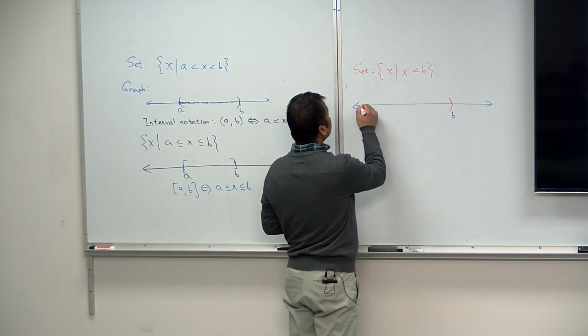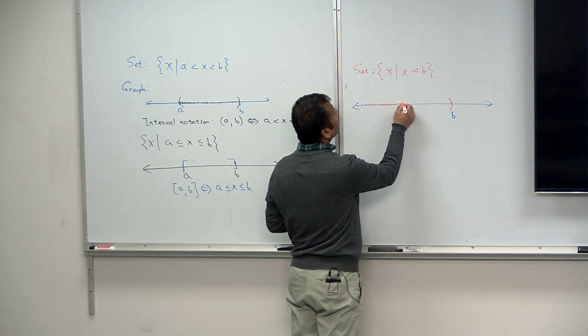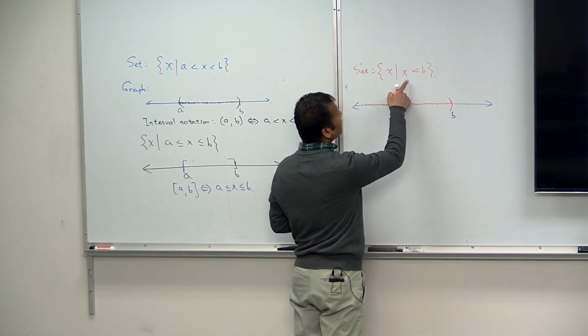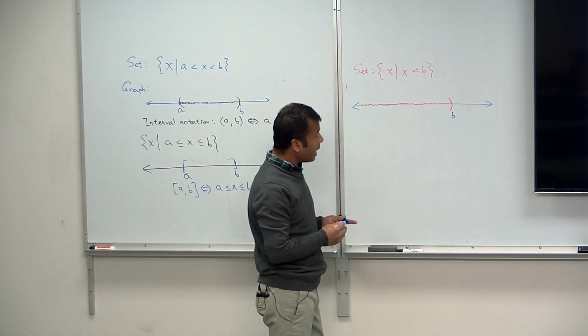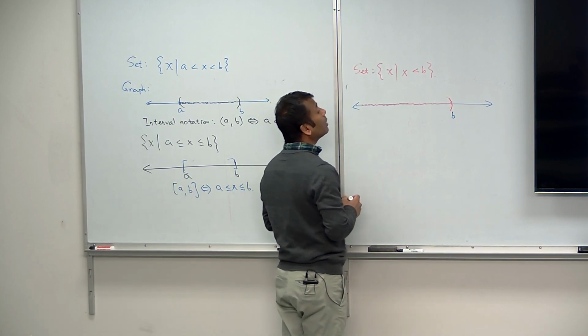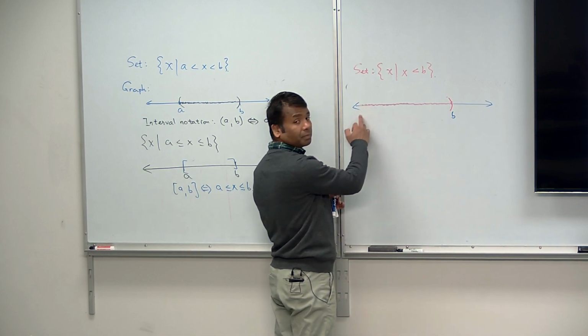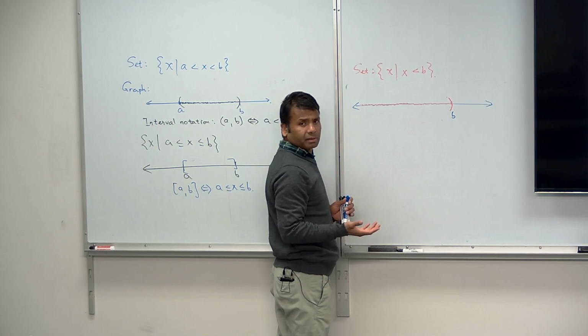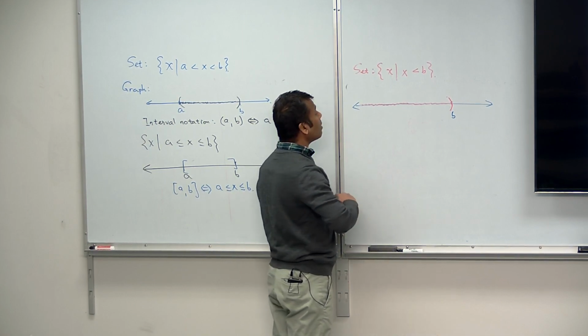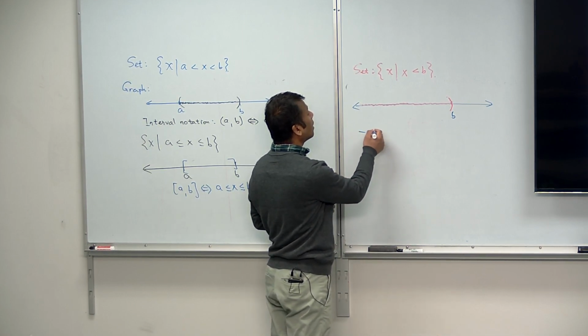And then these values of x represent this set. Okay? And now to the far left, you have a very, very big negative number which is undefined, right? So we denote it by what? Negative infinity.